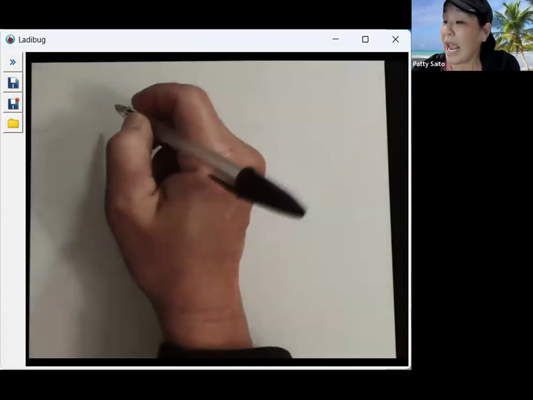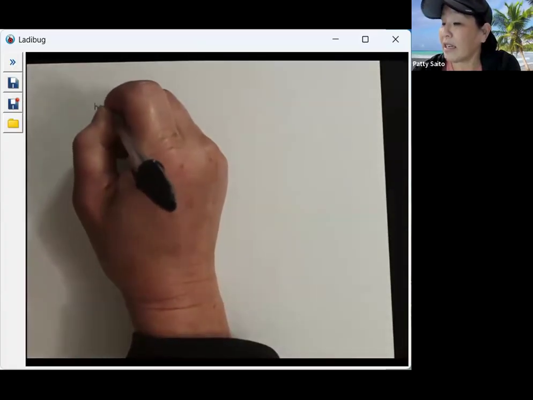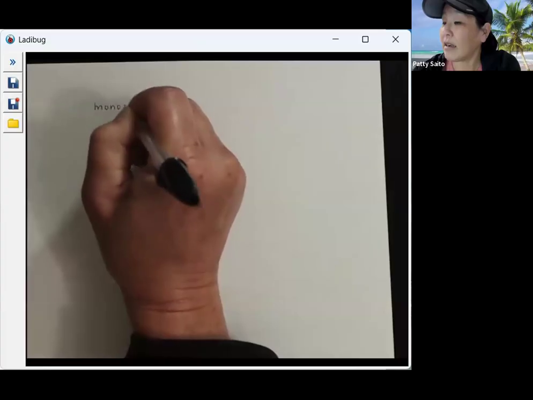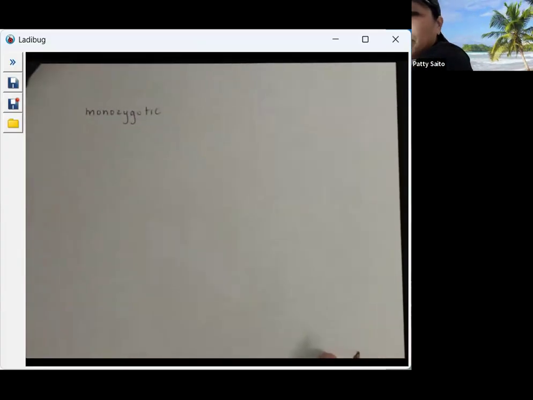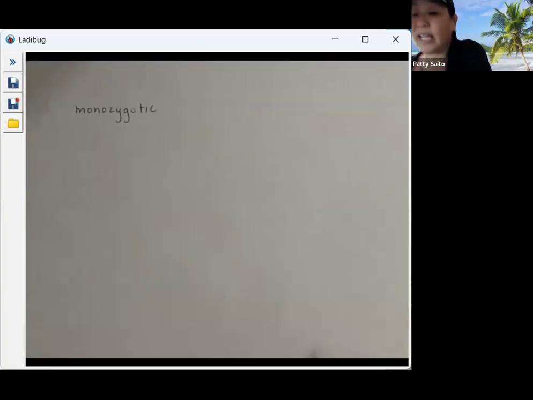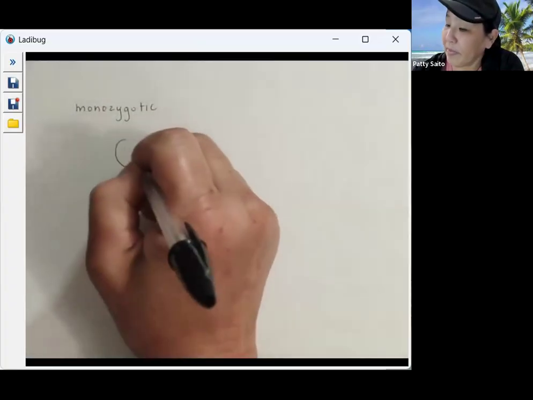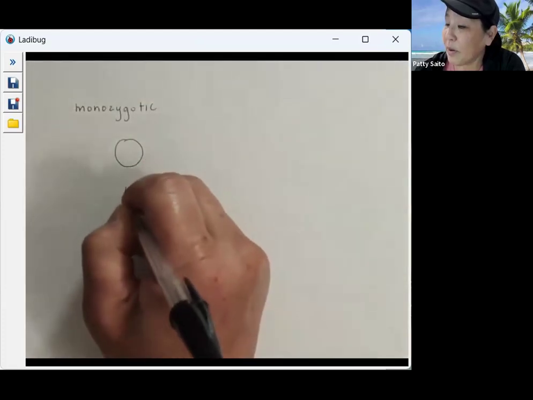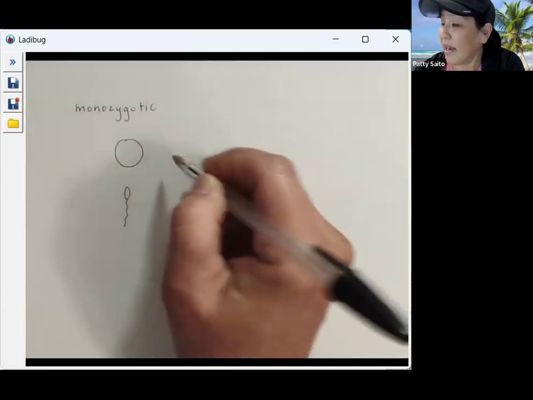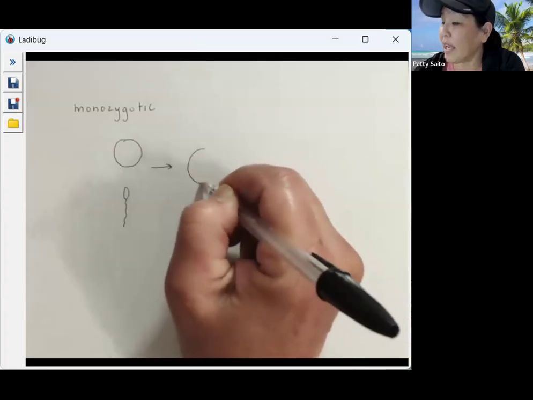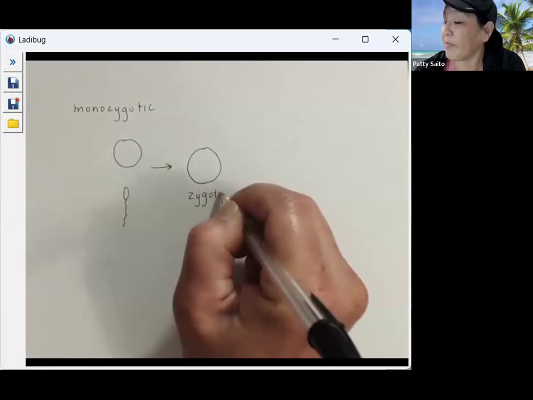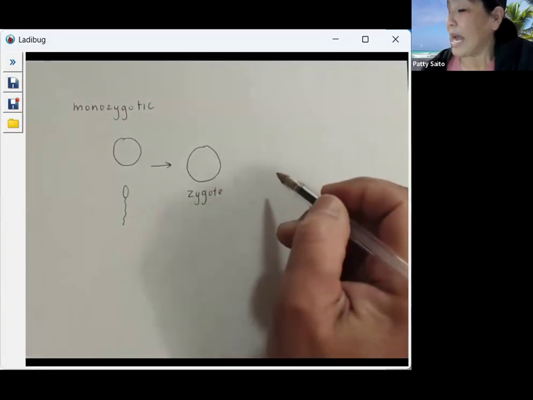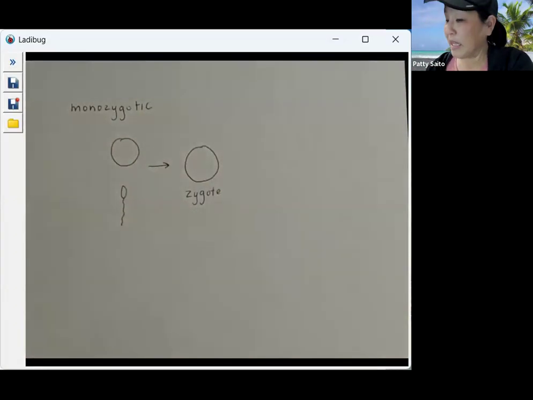All right. So a monozygotic would be one zygote. So we get an egg, and then we get a sperm, right? And we get a single fertilized egg, a zygote. Okay. Now we could talk about chromosomes and things like that.